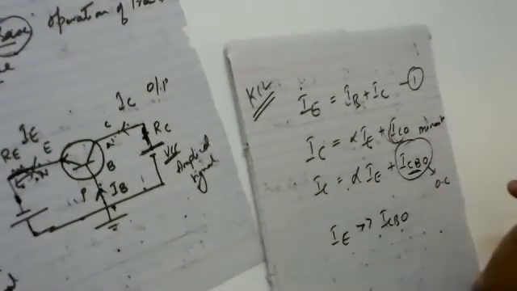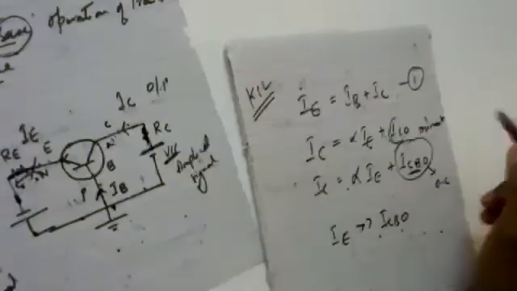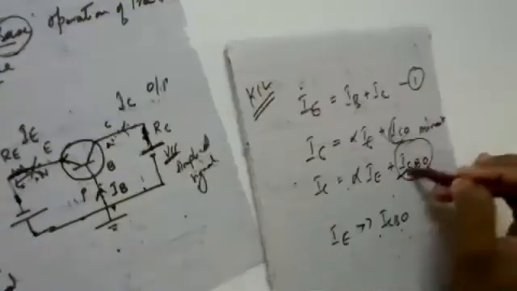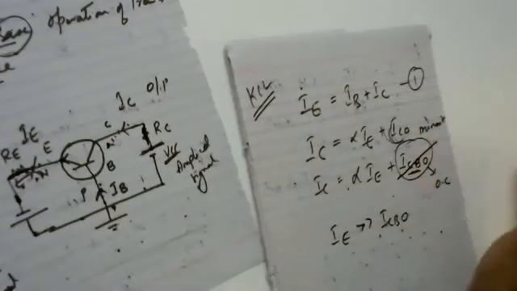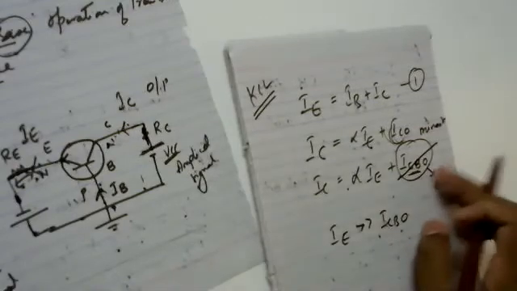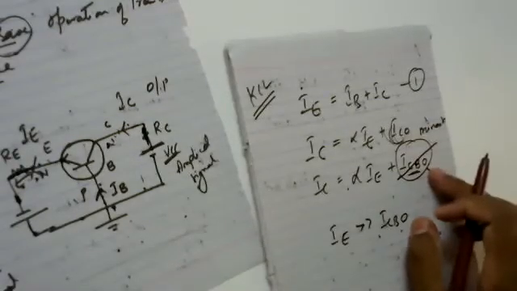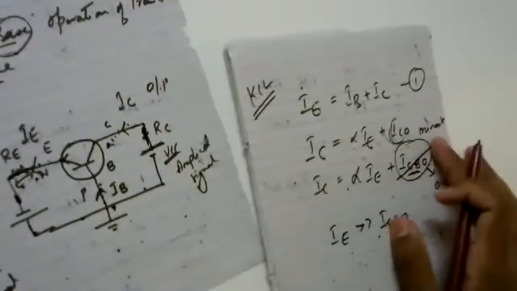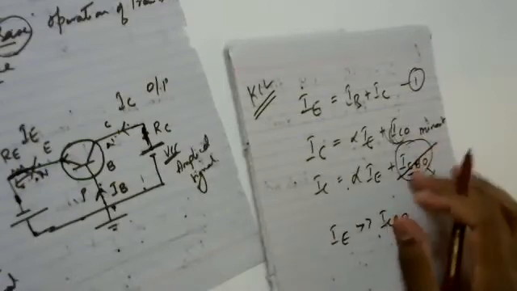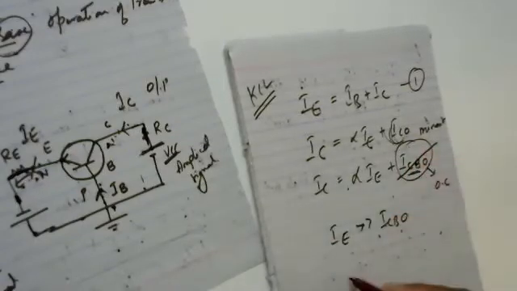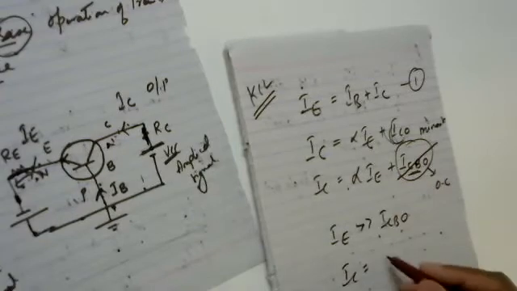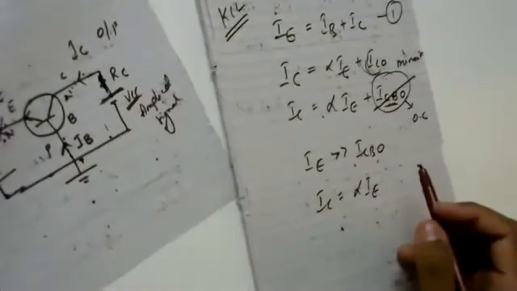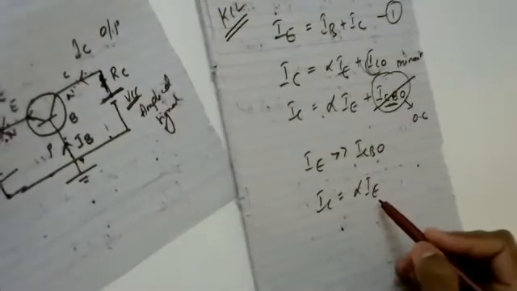So I can simply neglect this for my higher analysis. I'm not saying this is not present or not existing. It is existing, but when compared with IE, this can be neglected. So when I neglect this, my IC becomes alpha times IE.